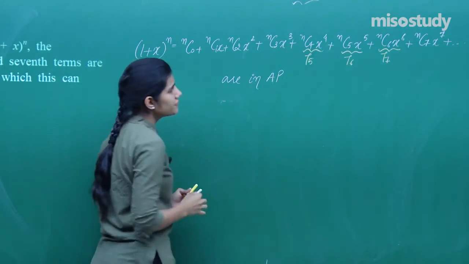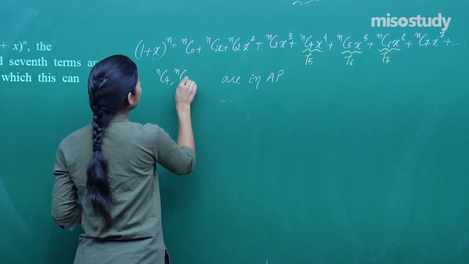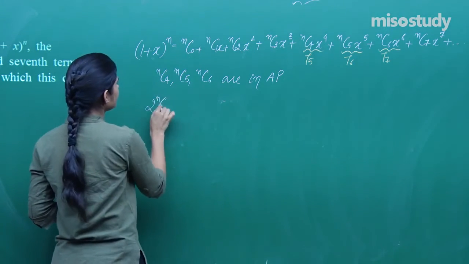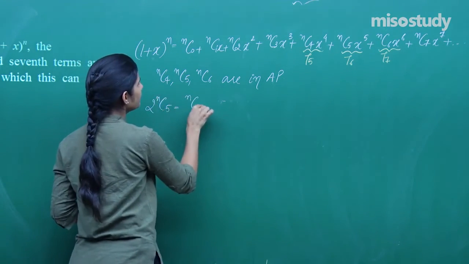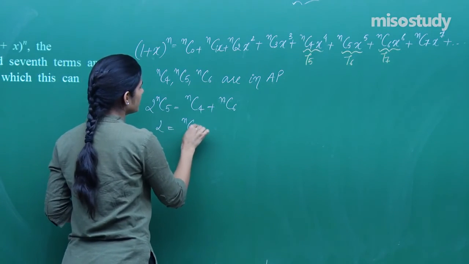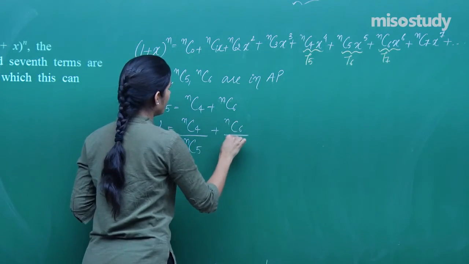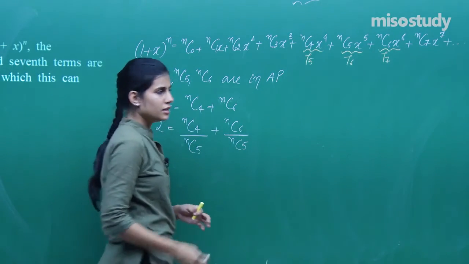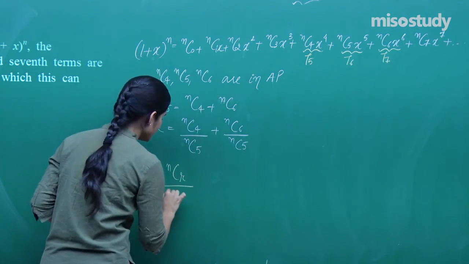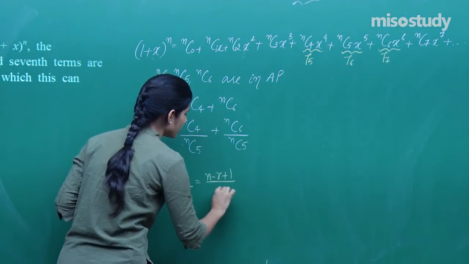What are the coefficients of the 5th, 6th and 7th term? nC4, nC5, nC6. They are in AP. That means twice of nC5 is equal to nC4 plus nC6. So 2 is equal to nC4 upon nC5 plus nC6 upon again nC5. You should know that nCr upon nCr minus 1 is equal to (n minus r plus 1) upon r.